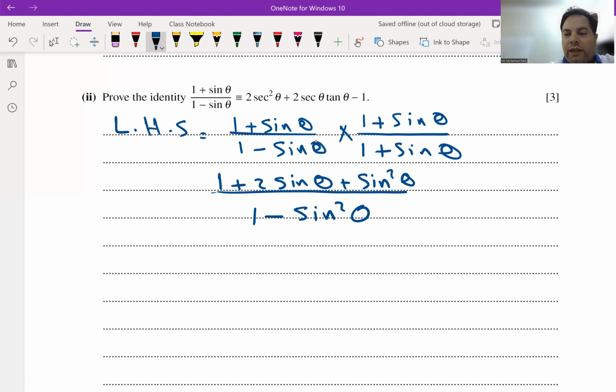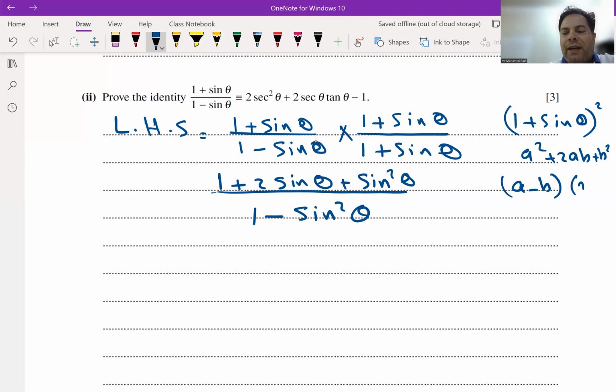Take your time to expand one by one, but you can write your answer mentally, because 1 plus sine theta is a perfect square, so you can use the identity a squared plus 2ab plus b squared. And also the denominator is a difference between two squares, a minus b and a plus b, so if you expand, it will be a squared minus b squared. Try to use the identities each time.